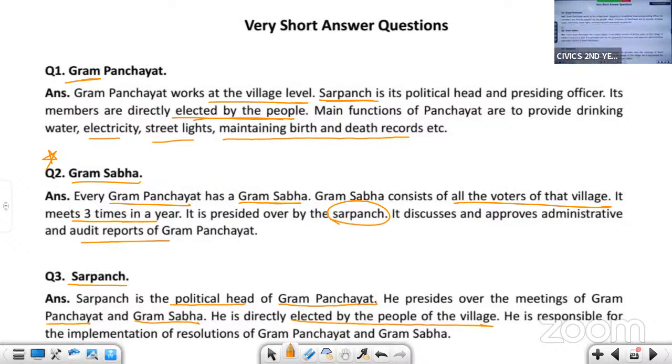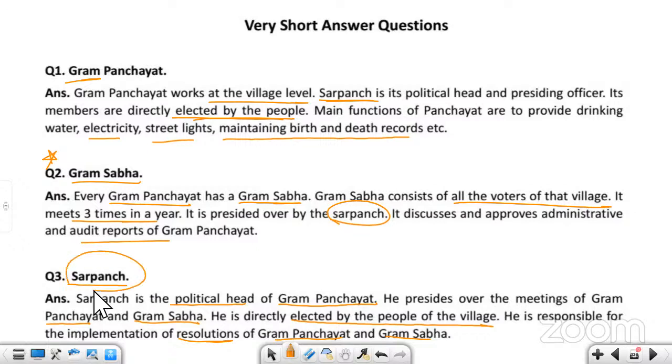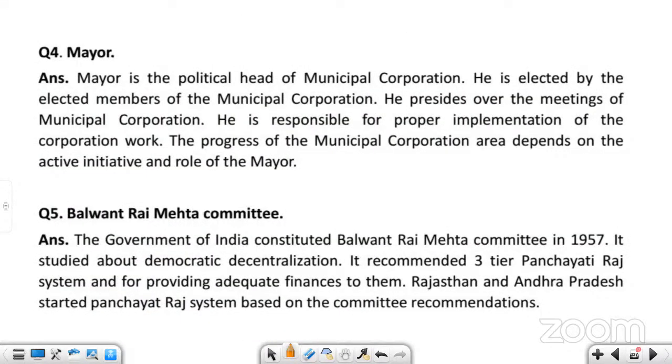And he is responsible for implementing all the resolutions of Gram Panchayat as well as Gram Sabha. It is the responsibility of the Sarpanch to implement all the resolutions passed by Gram Panchayat and Gram Sabha. That was related to your rural local government.